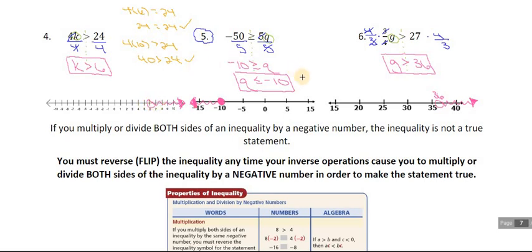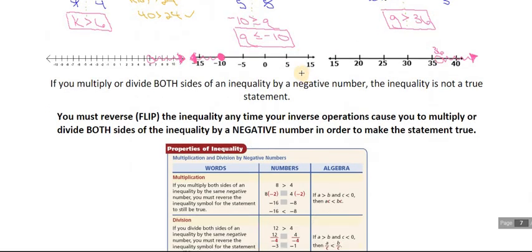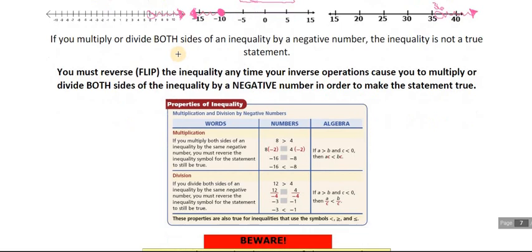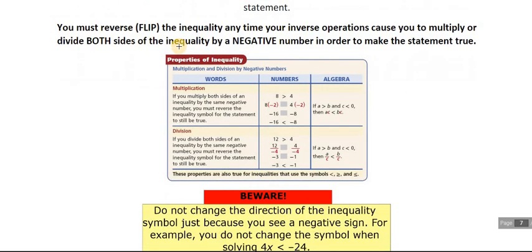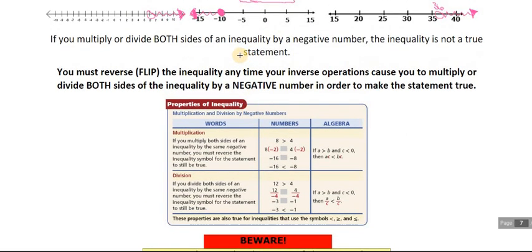Okay, so we've got one little but very, very important addition when we have solving inequalities by multiplication or division. That states that if we multiply or divide both sides of an inequality by a negative number, the inequality is no longer a true statement.